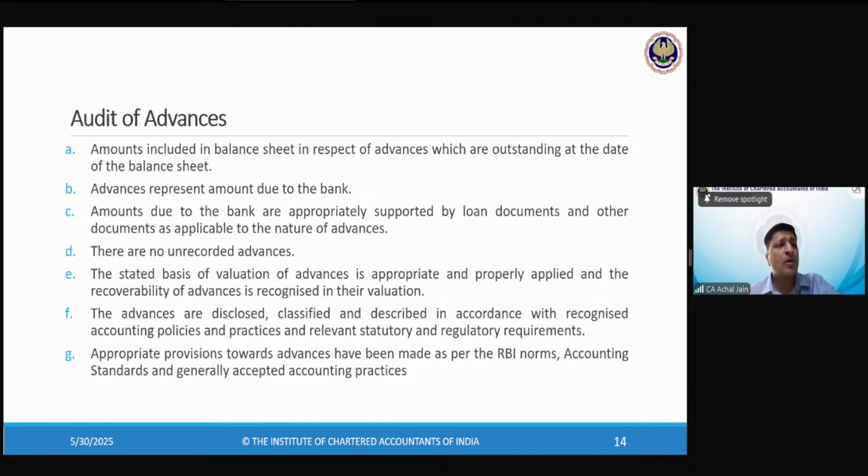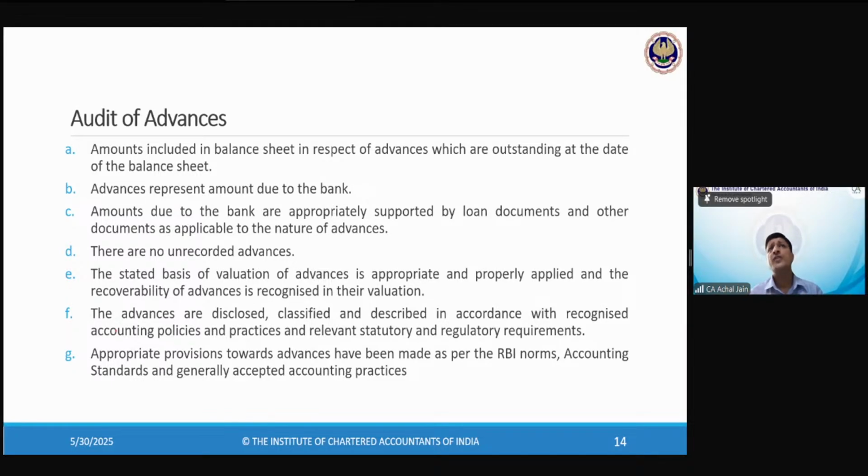So advances are all about agreements. So in relation to the advances, agreements are required to be reviewed, because that will give you the understanding as to what are the terms and conditions which are involved, what are the compliances which are involved. Many a times some compliances are attached to the agreements. They are given in the terms and conditions. So that's how you get to know about it.